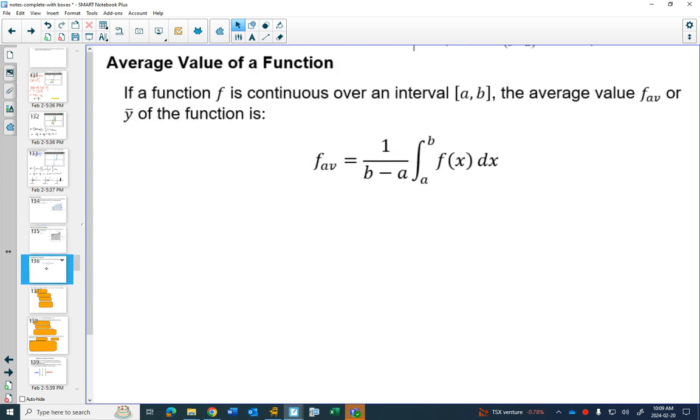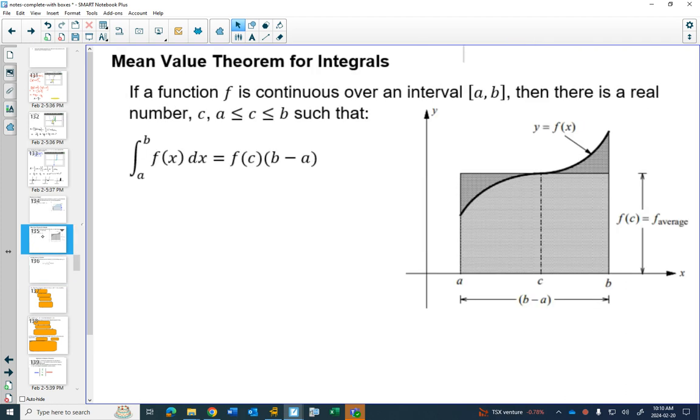And then we get to this idea that we can also find the average value of a function, if it's continuous from A to B, by taking the area under the curve and dividing by the length, which is connected to this previous idea, right?